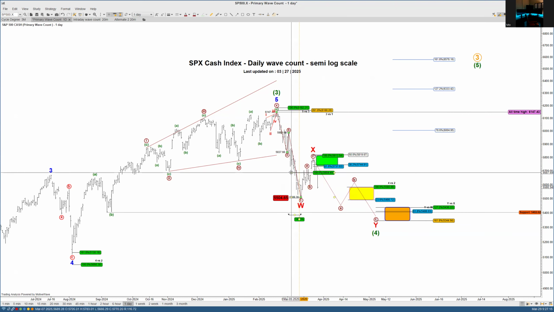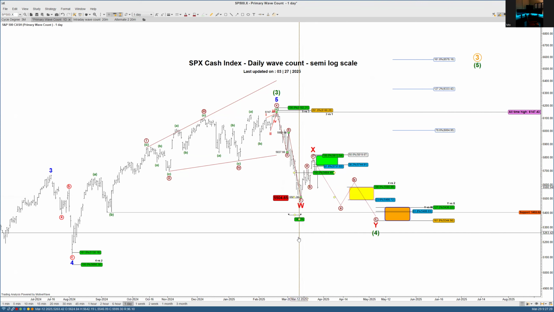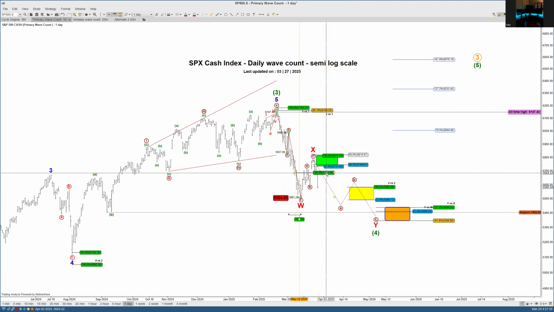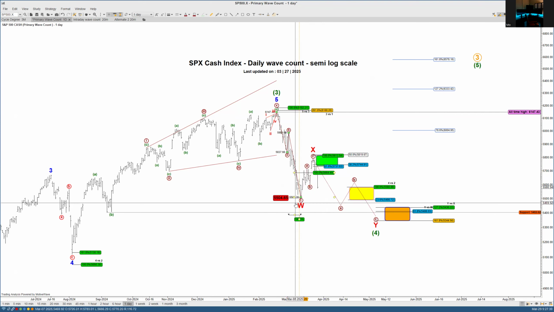So the 100% price was reached here at 56.84 on March 7th. Now, when you take the time between A, B, and C, a 100% time relationship gives you March 12th. This is the price. This is the time. What comes first?